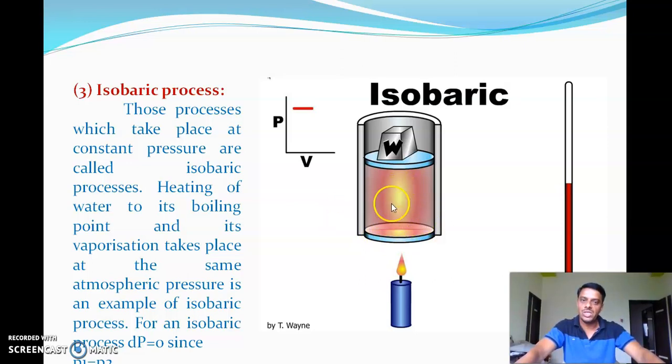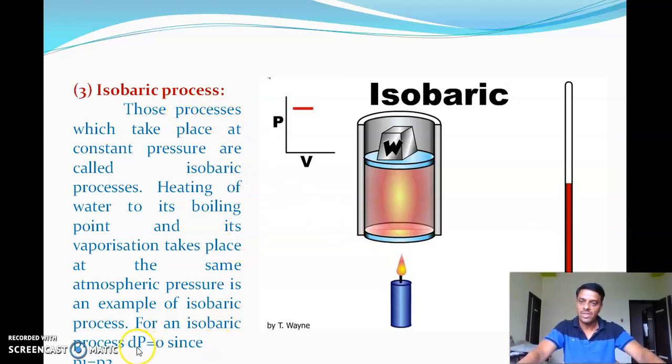If the pressure of the gas enclosed in this cylinder, which is fitted with the weighted piston, having a certain weight which does not allow the pressure of the gas to change, that is why it is called an isobaric process. In brief, once again I will repeat, the process in which the pressure of the gas remains unchanged is called isobaric process.